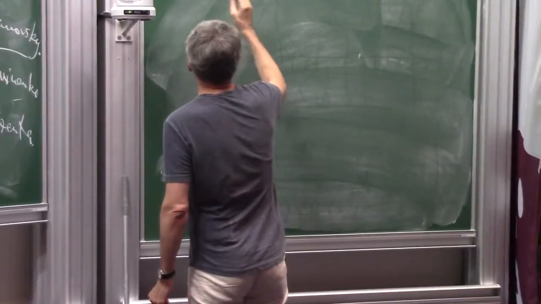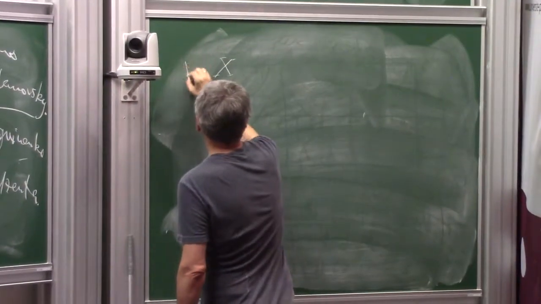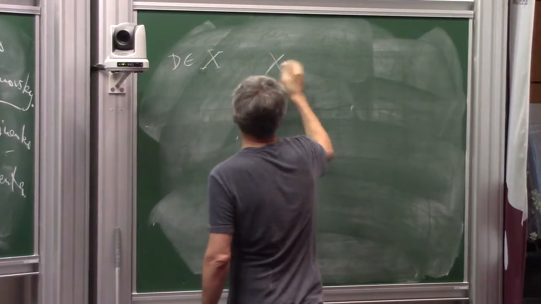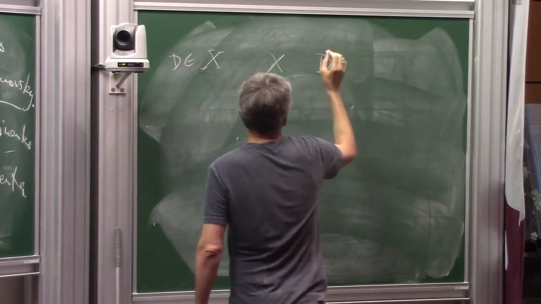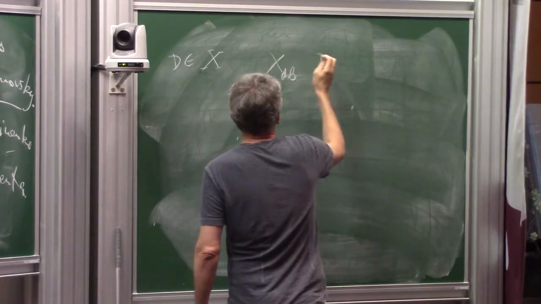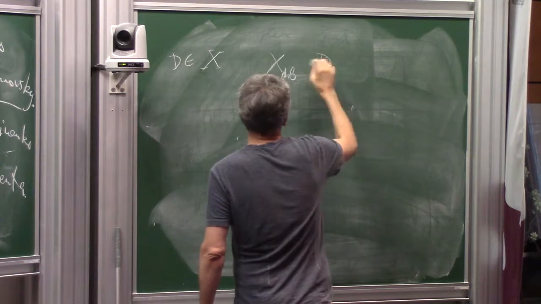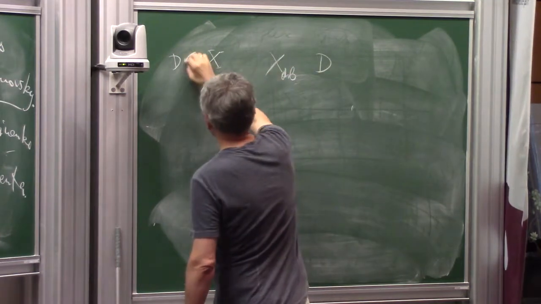Just an example from geometry, algebraic geometry or complex geometry. So you have a variety X, you have a divisor D in it, and you consider the orbifold on X, so X orbifoldized. It means that you consider orbifoldization of order n along this divisor.